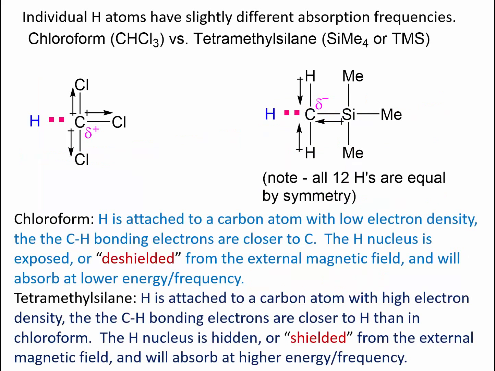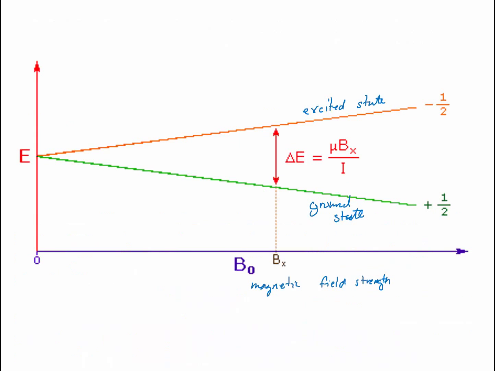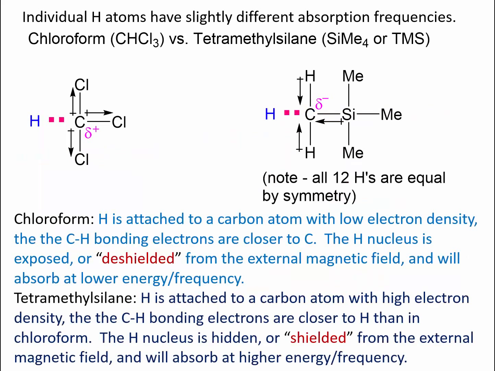Okay, so let's look at what makes NMR so useful. We're going to be specifically talking about proton NMR. Individual hydrogen atoms have slightly different absorption frequencies. So let's look at two extremes. Here's chloroform. And what you see here is that this carbon has a lot of electron withdrawing groups on it that are pulling the electron density away from carbon.